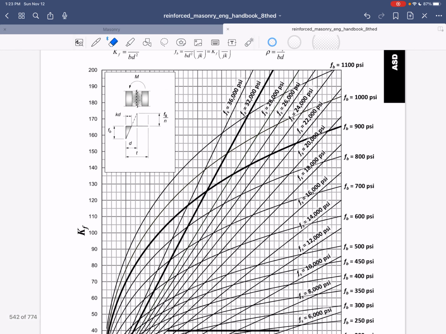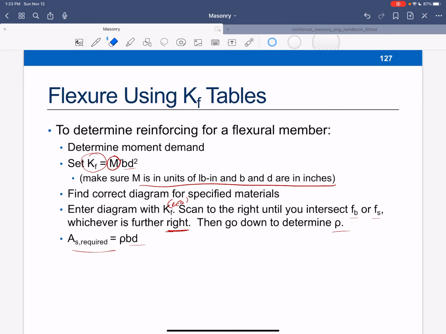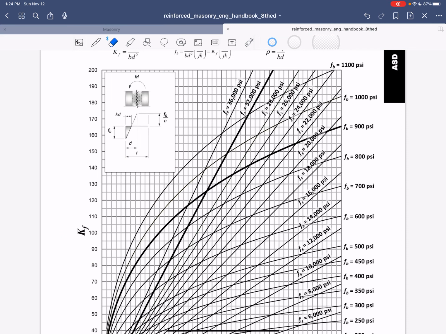So if I go in here and intersect, let's say I just pick 100, I'm randomly picking these, and it says, find the correct diagram, enter with KF, scan to the right until you intersect FB or F sub S, whichever's further right.